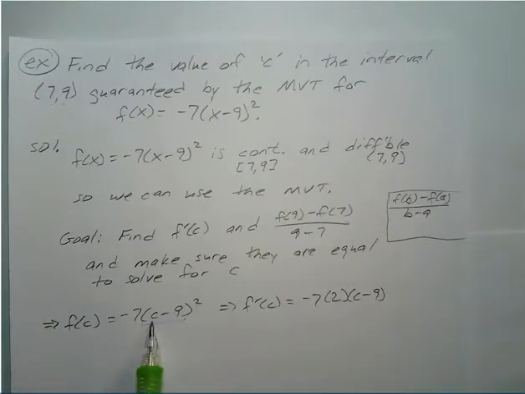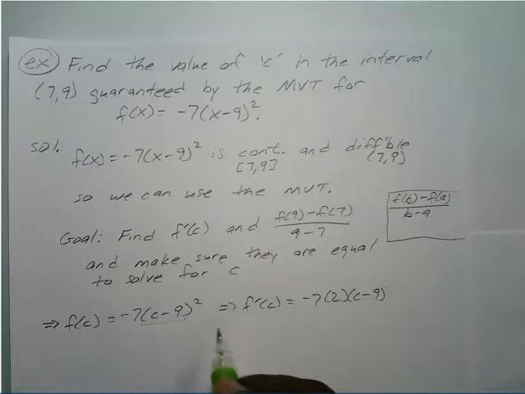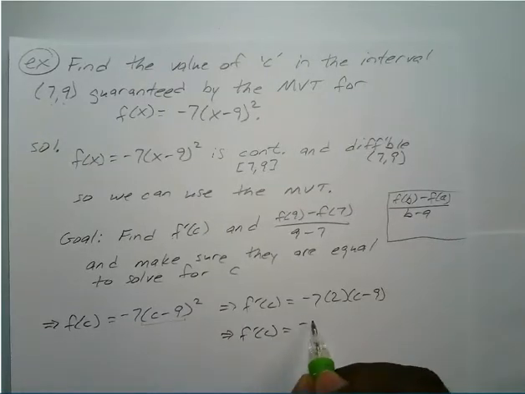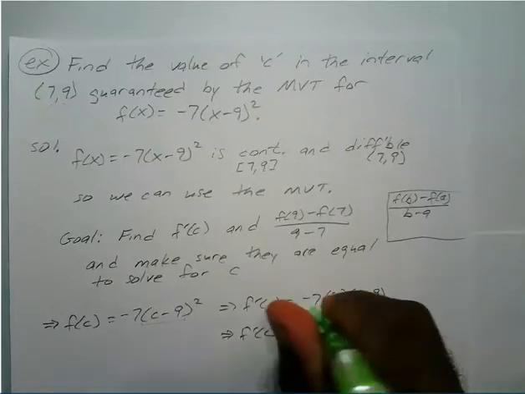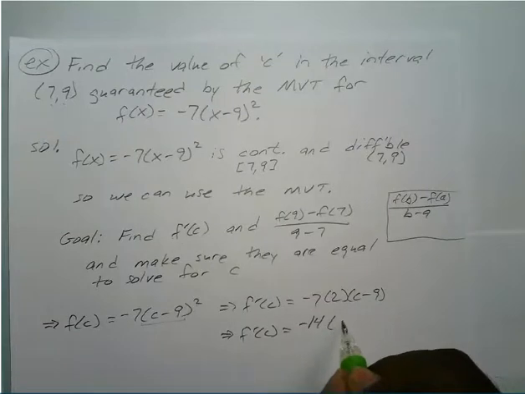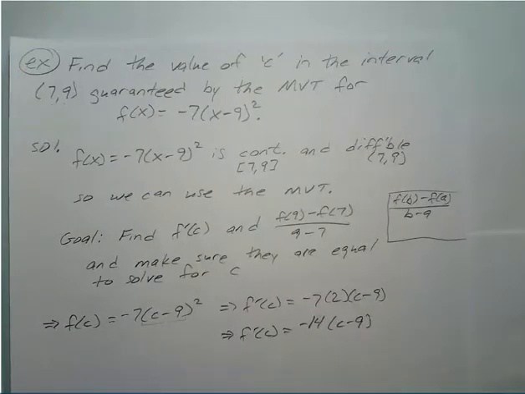The derivative of the inside is just 1, so we can leave that as it is. So f prime of c is equal to -14 times c minus 9. Okay, so we found our f prime of c.